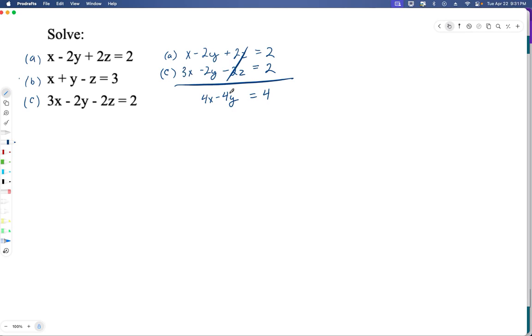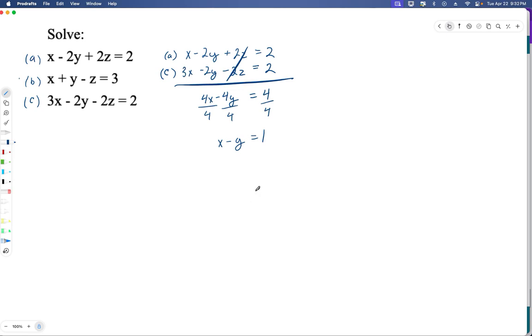Okay, so remember we talked about, I remember us doing this, when we have a coefficient that we can reduce, we're going to divide everything here by 4. Because if we do the same thing to every term, it doesn't change the value. So this is going to be x minus y equals 1, right?